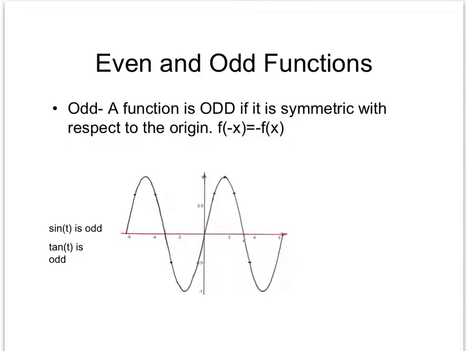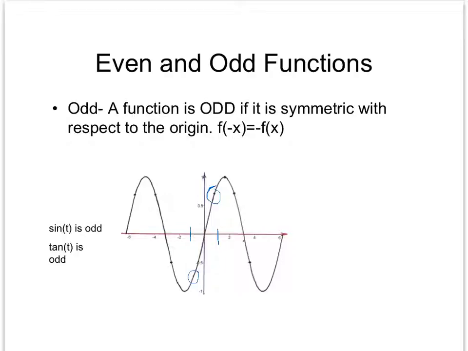An odd function is a little bit more complicated. An odd function is symmetric with respect to the origin. Basically, that means if I take an x value, its corresponding negative x value has the negative version of the same value.